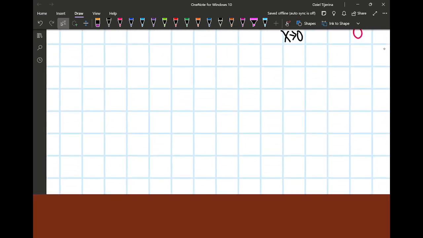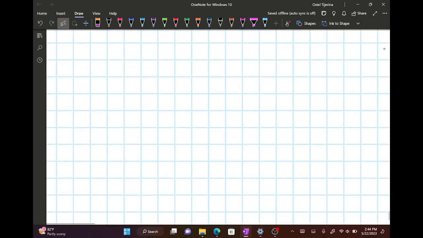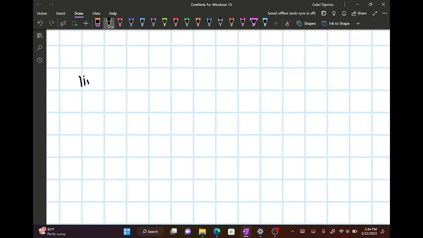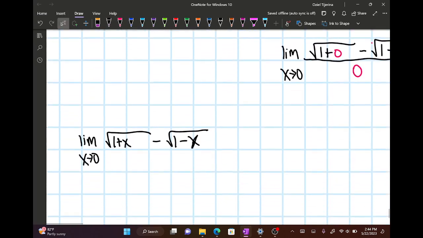Well, if you remember from algebra or pre-cal, we always do the conjugate. So we have the limit as x approaches 0 of the square root of 1 plus x minus the square root of 1 minus x, I think is what it was, yes, all over x.